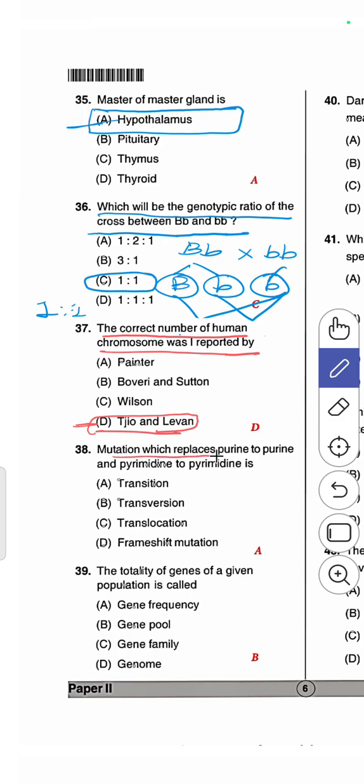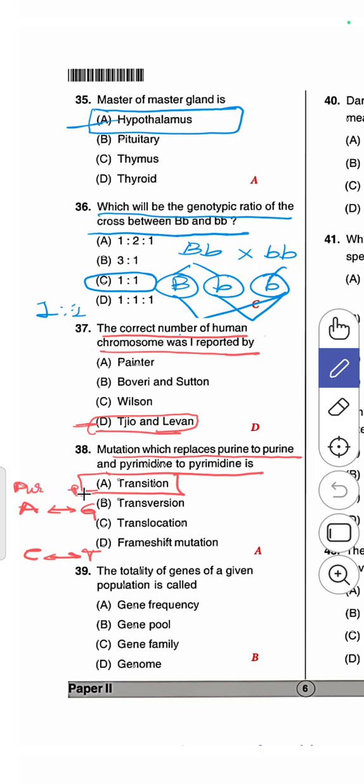mutation which replaces purine to purine and pyrimidine to pyrimidine, this one will be transition. Consider this as one thing, that is adenine and guanine. These are purines. This one is also purine.